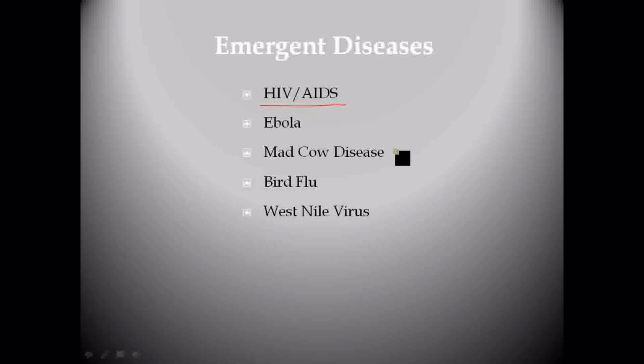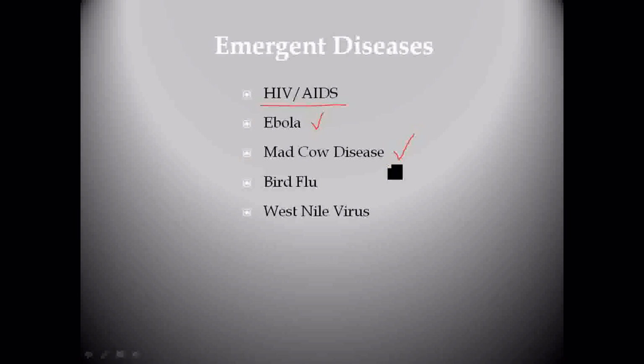Mad cow disease, the story of that disease is that they found a virus that was inside cows in England back in the mid-90s, and that was a mutated virus, and it usually doesn't jump to humans, but there was a big concern because one of the practices in England was to grind up dead beef parts.